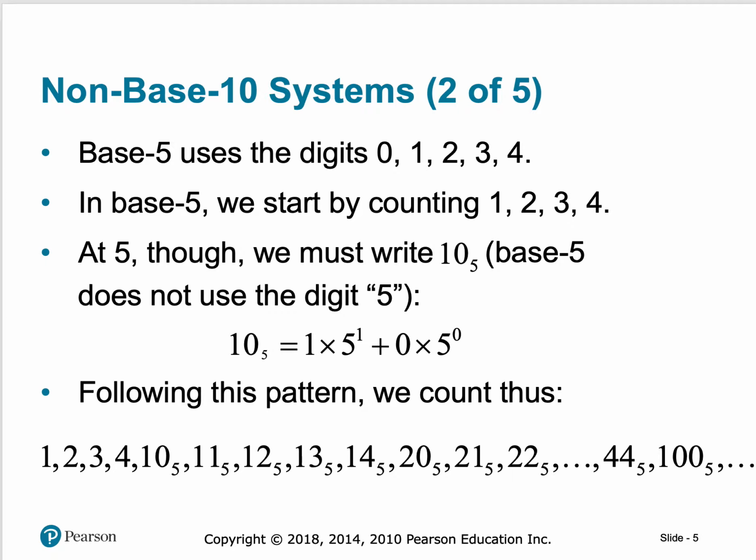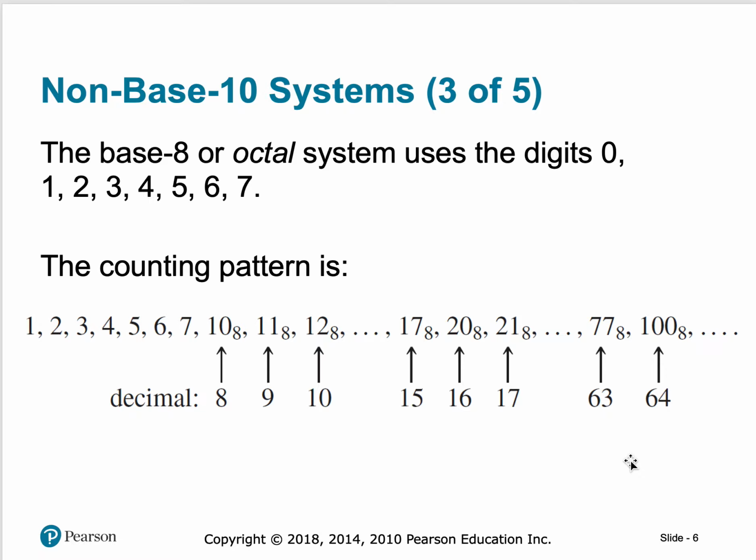So if I was to follow this pattern out, I would have 1, 2, 3, 4. I hit base 5, so I'm going to have 10 written in base 5, 11, 12, 13, 14, 20 base 5, and it's going to keep on repeating in that way as we move through powers of 5.